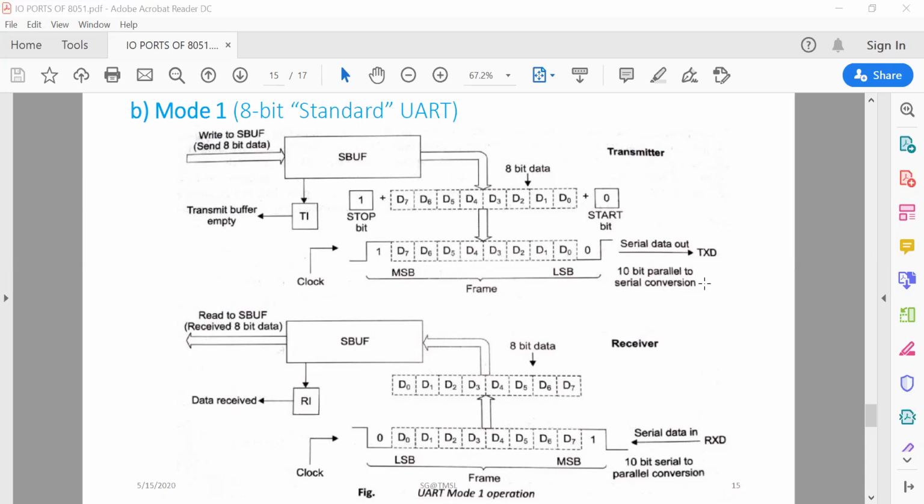Now we need to monitor the TI flag, the transmitter interrupt flag, to confirm that the serial buffer register is not overloaded. And if the TI flag is set, it implies that the last character transmission is completed, and now the serial buffer is empty.